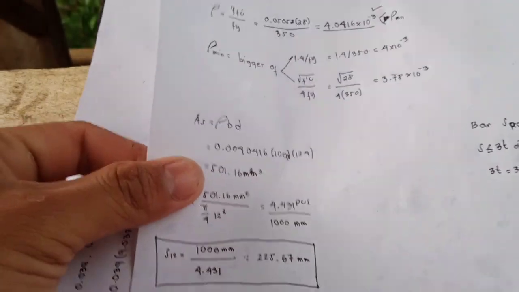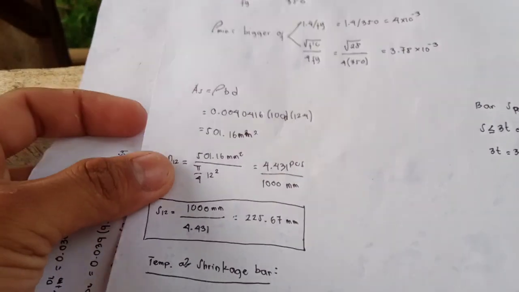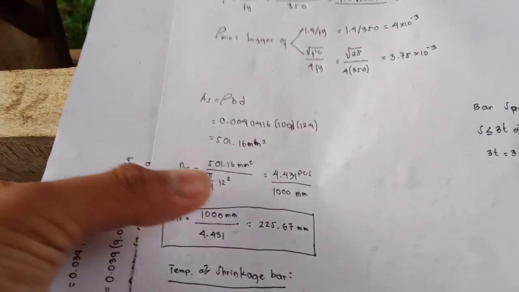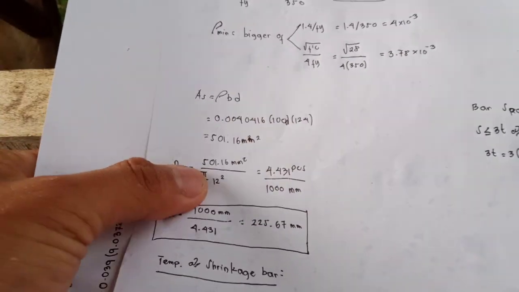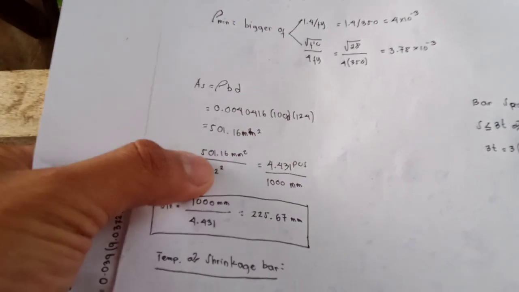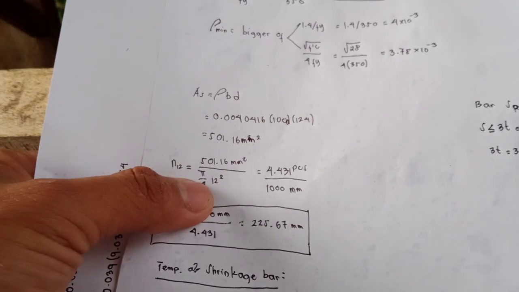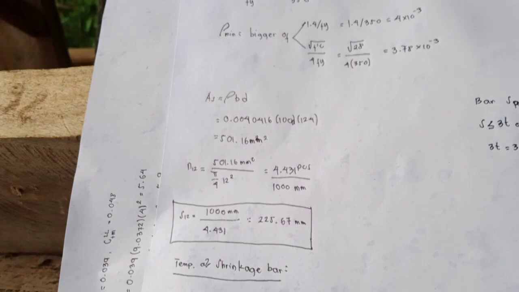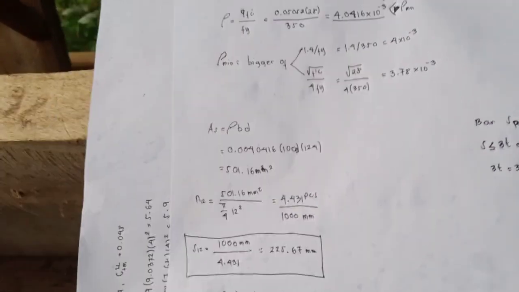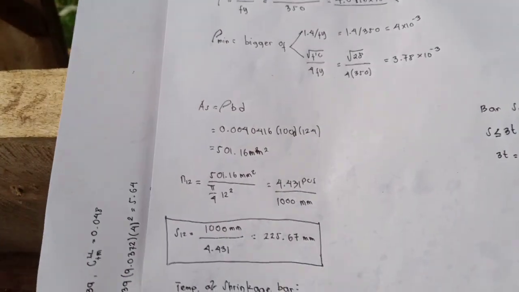If we convert this into a number of 12 millimeter bars, we have As equals 501.16 millimeters squared. How much area is in one bar?